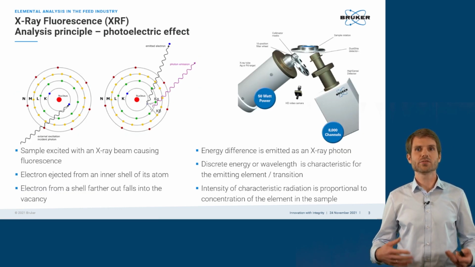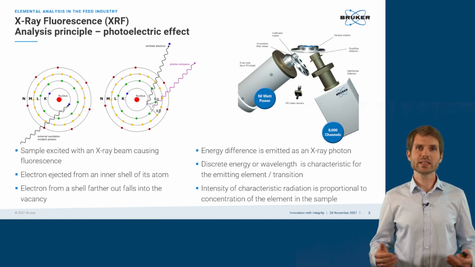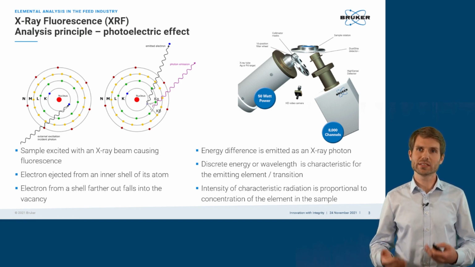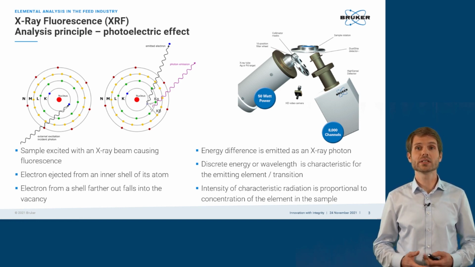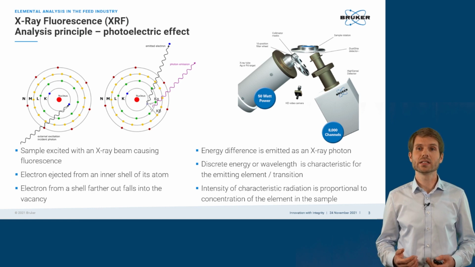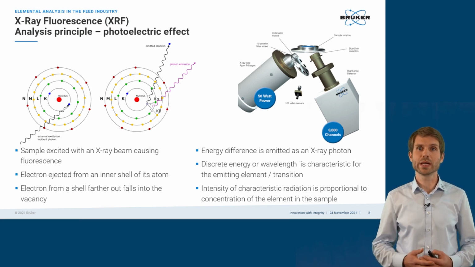Let's get started. For those who are not familiar with XRF, basically we have an X-ray tube that generates X-ray photons. These photons hit the sample and excite it. What does that mean? We are ejecting an inner shell electron from the atoms within the sample, and an outer shell electron falls into the vacancy.